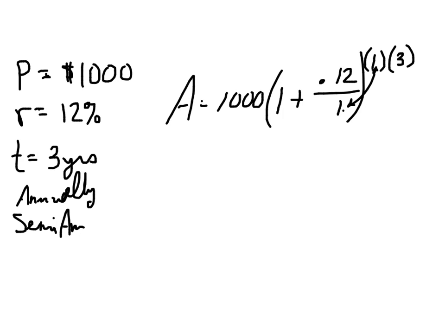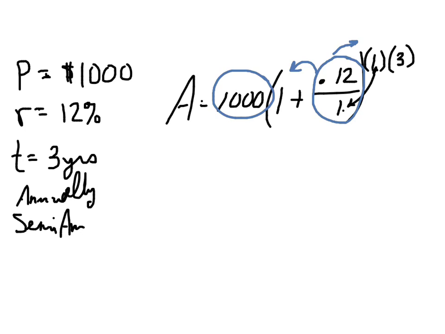Alright, so one of the things that you can do with this problem now is one of 2 options. One of them is you could type it all in your calculator, and if you're comfortable with your calculator, that works well. But you could also do a technique I like to call chunking. That means you're going to do this basically in the order of operations, where this part would come first, then you would add the 1, then raise it to the power, and then multiply everything by 1,000.